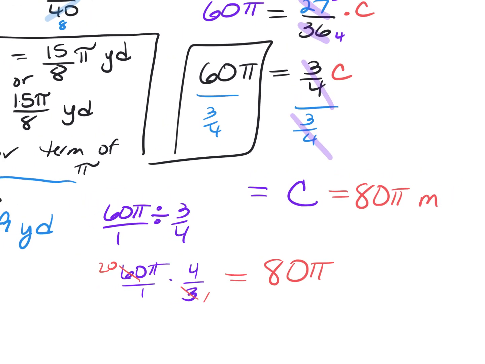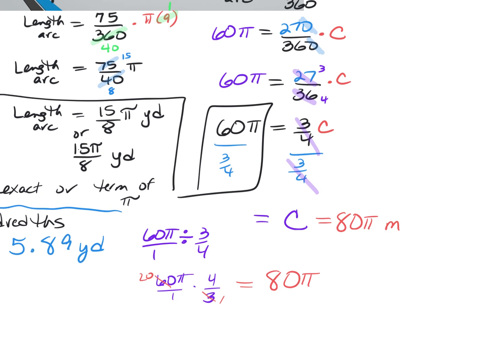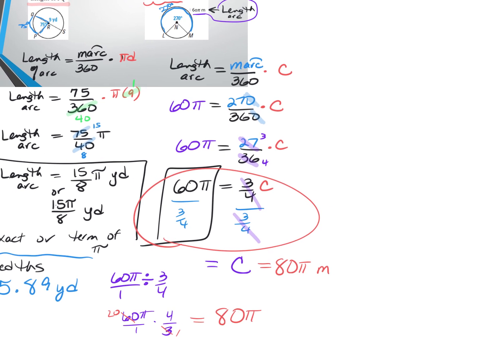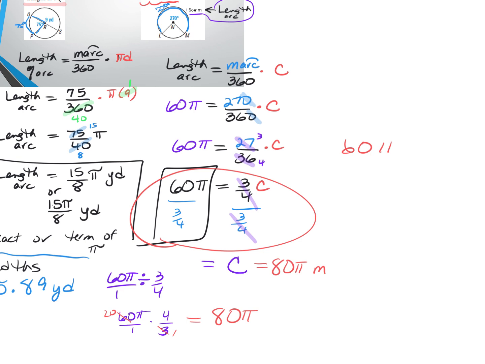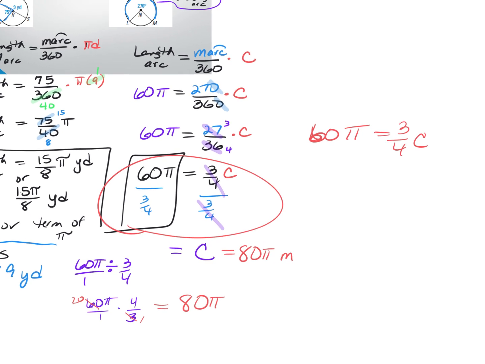Now, in this particular case, you could have divided 270 by 360, but if it gave you a decimal, then you needed to go back and do it all as fractions. Instead, at this step of 60 pi equals 3/4 c, as soon as I see a fraction next to a variable, I take the reciprocal and write it on both sides.